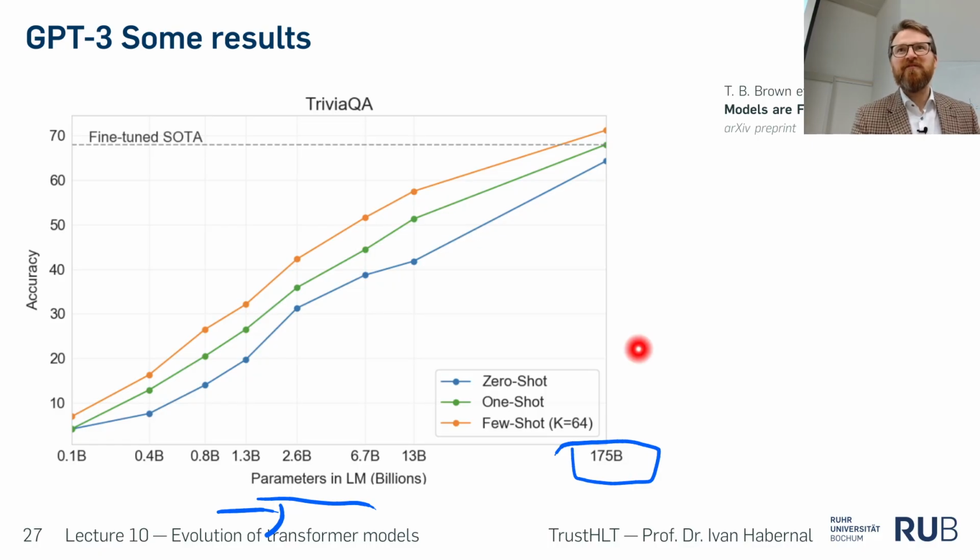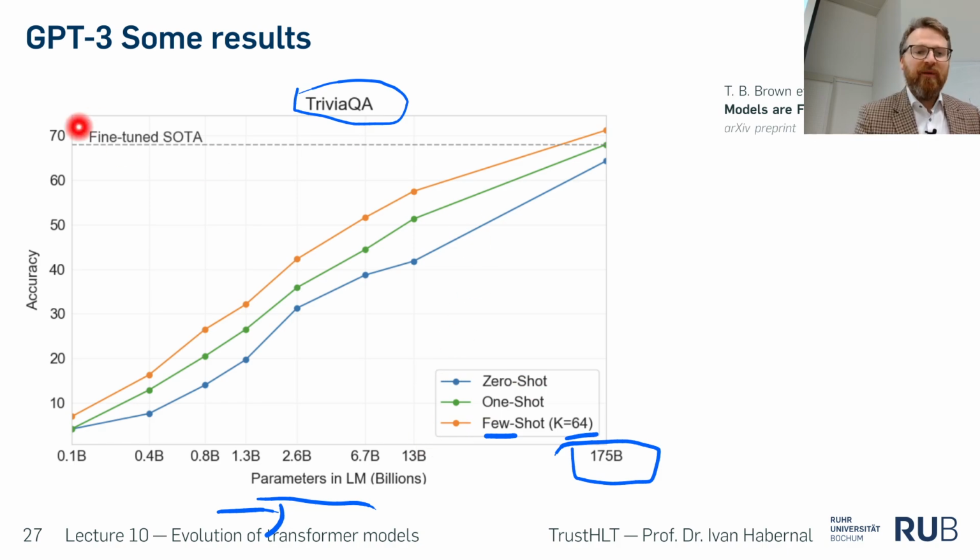It's still a large language model. They started with smaller ones, and then you can compare performance. This is one task, some sort of trivia question answering task. You can compare not only zero shot, one shot, and few shot. Few is 64, or whatever few means, it's up to you to decide. But zero shot is basically just showing the instruction.